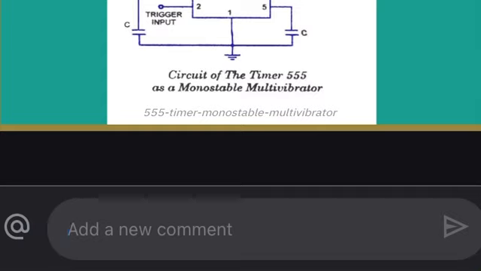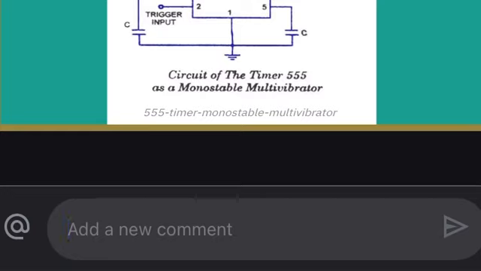The transistor goes to saturation, thereby discharging the capacitor C, and the output of the timer goes low. Okay, so the output of the monostable multivibrator remains low until a trigger pulse is again applied. So likewise, the cycle repeats.